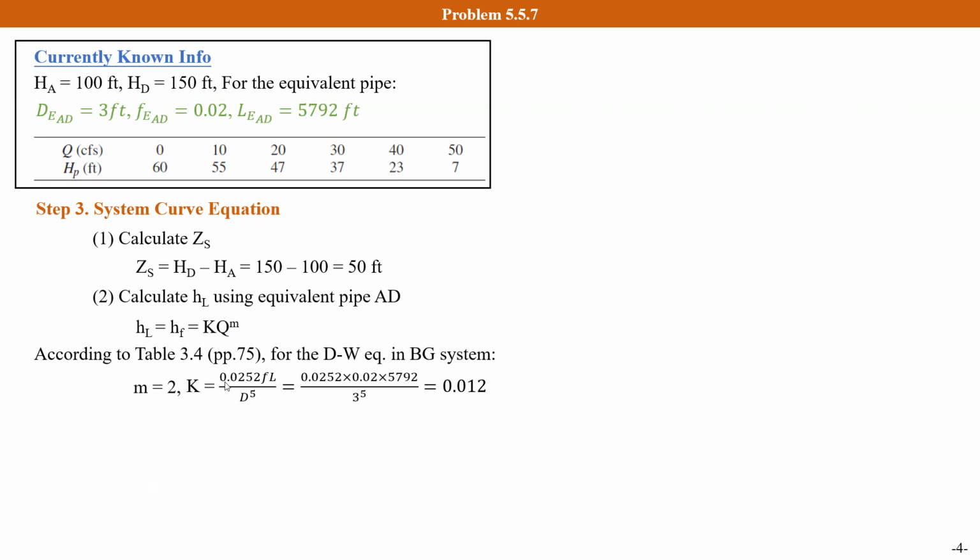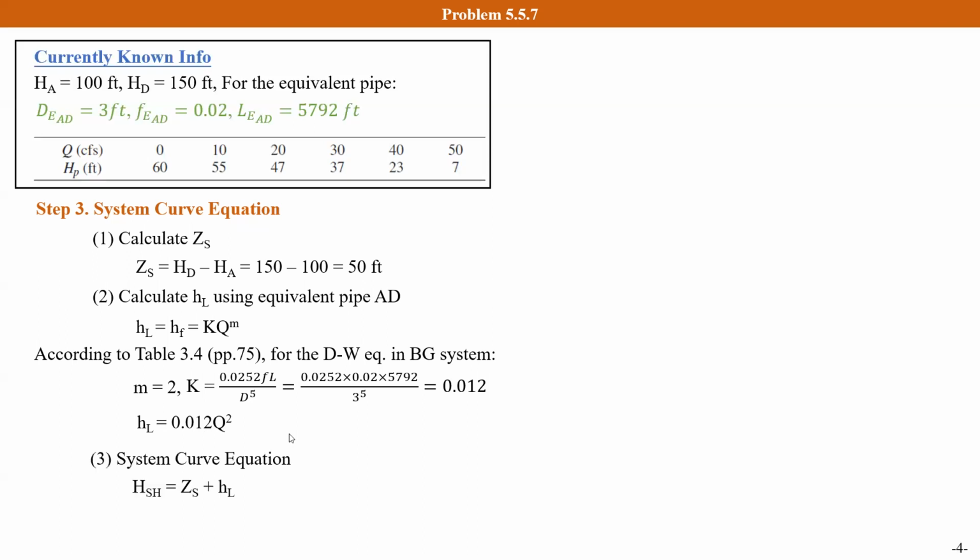Therefore, the coefficient to calculate the value of K is different from the equation that we used in the first problem. So in this problem, K equals 0.012, and the head loss equals 0.012 times Q to the power of 2.